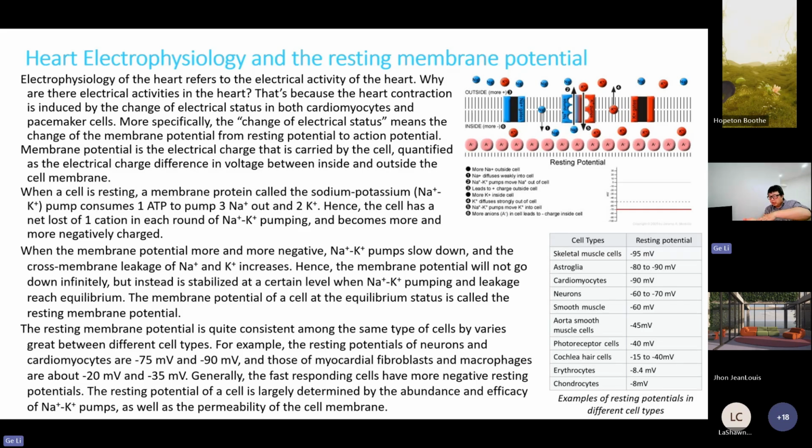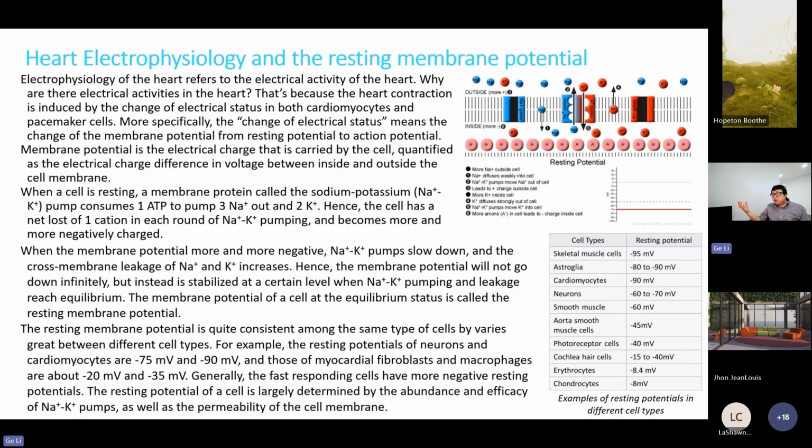There's a balance. This balance is determined by this: even though in the last semester maybe you learned that ions cannot pass the cell membrane by themselves, actually that's not absolutely the case. There's always a leakage, especially for sodium and potassium and small ions. There's always a leakage of sodium and potassium ions across the cell membrane.